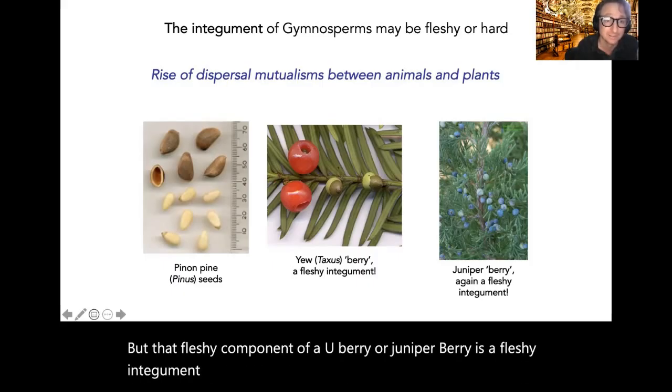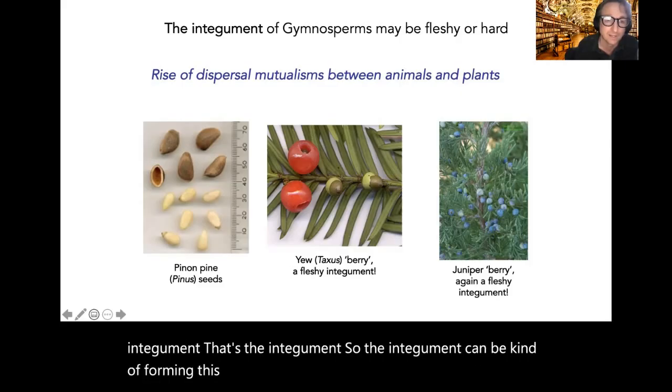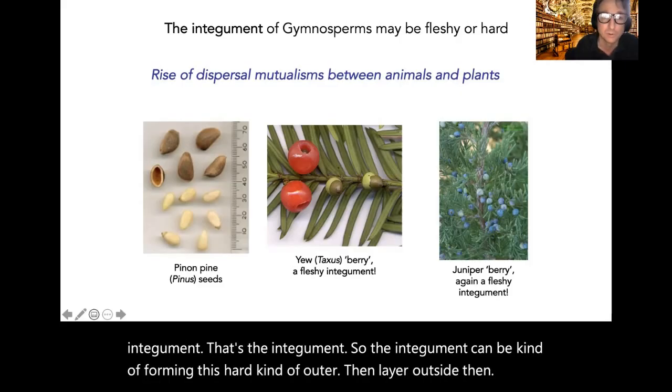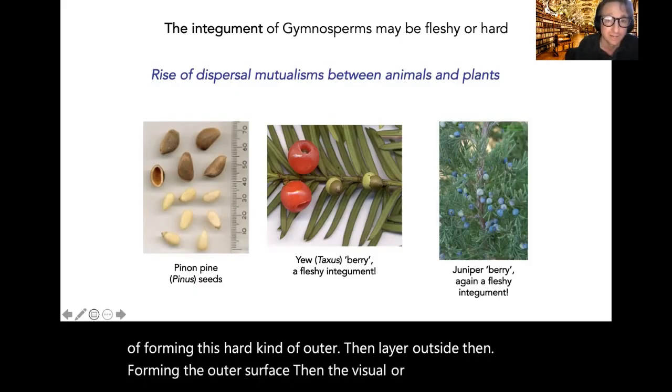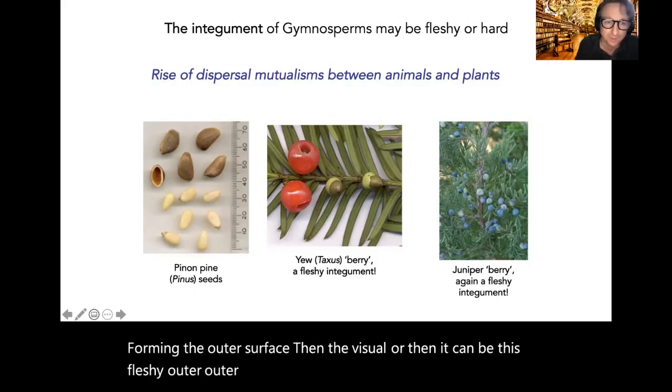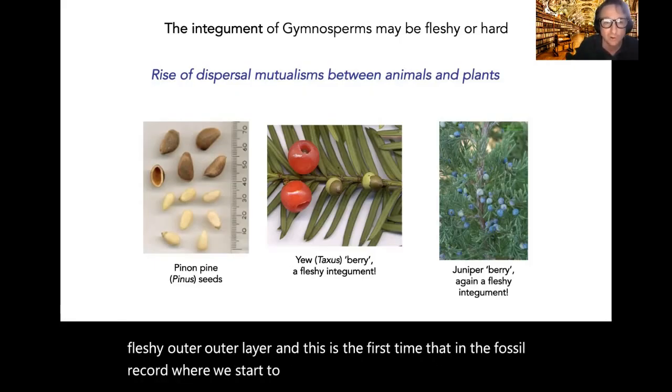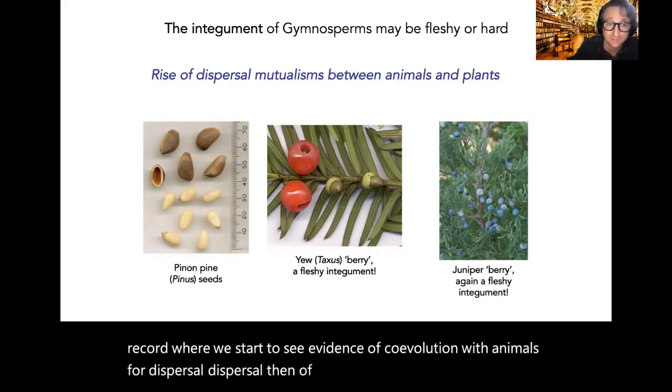That's the integument. So the integument can form this hard outer layer forming the outer surface of the ovule, or it can be this fleshy outer layer. And this is the first time in the fossil record where we start to see evidence of coevolution with animals for dispersal of seeds.